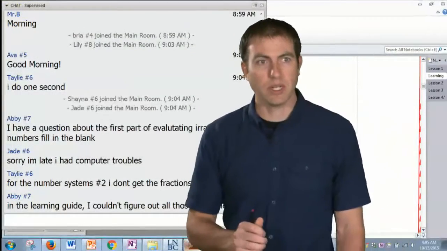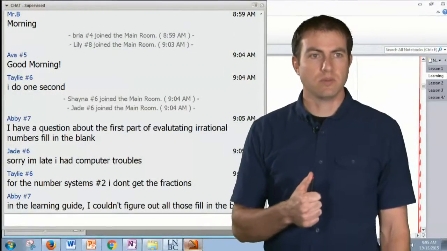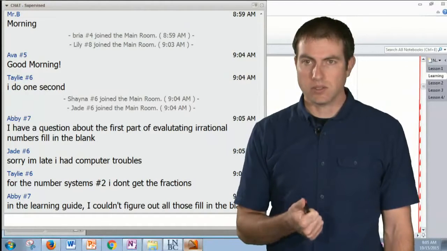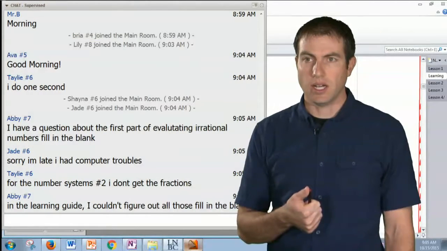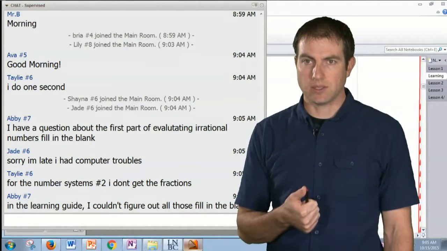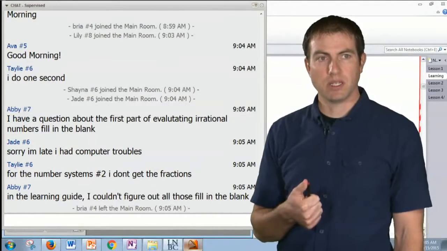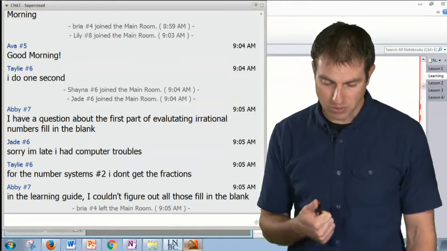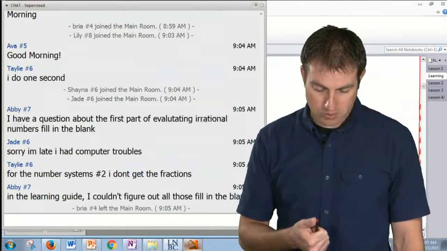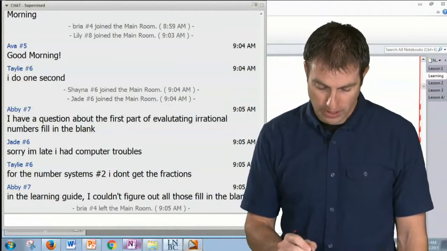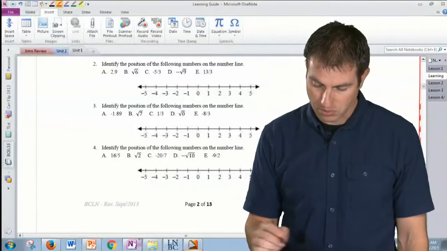A few questions coming in here. Taylor says, for the number systems number 2, I don't get the fractions. Okay, I'll do that for sure. All of the fill in the blanks. Abby, do you want to give me a specific number, and then maybe I can help you out there. So number systems, number 2, let's go look at that.